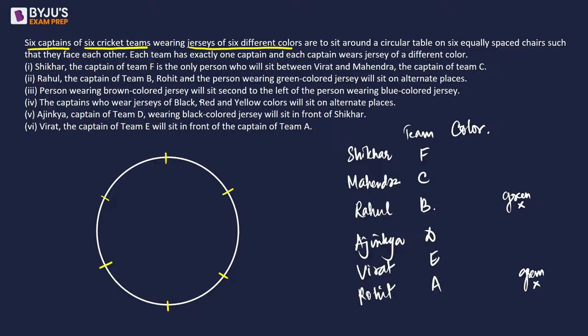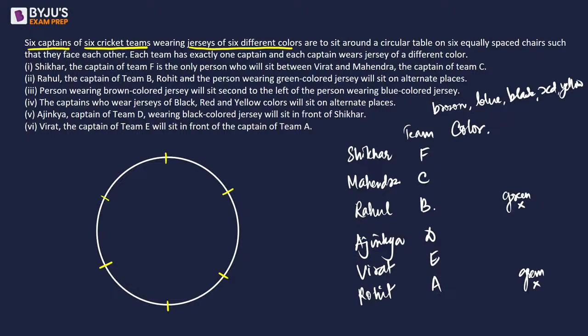Person wearing brown colored jersey will sit second to the left of the person wearing blue colored jersey. So the 2 colors that we are aware of more, apart from green, are brown and blue. Yes, you got 2 more colors. The captains who wear jerseys of black, red and yellow. Black, red, yellow. So these are the 5 colors and green is the 6th color. Okay, so we know all the 6 colors now.